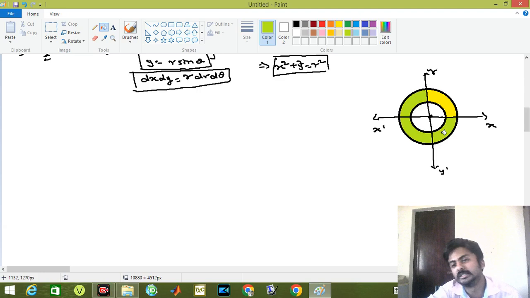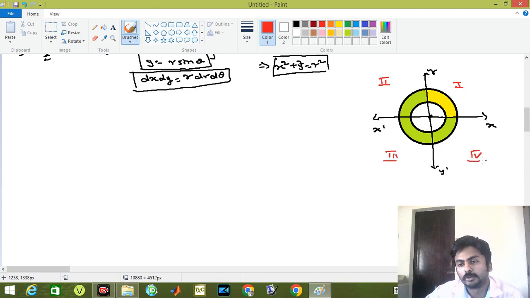Students, you have to always keep that in mind. So this is your first quadrant, this is your second quadrant, this is your third quadrant, and this is your fourth quadrant.